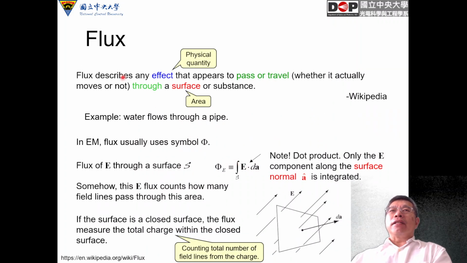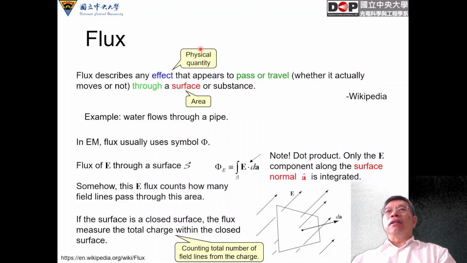Okay. Flux. Flux comes up in several places in physics. Flux describes any effect that appears to pass or travel through a surface or substance. So whether it actually moves or not, it just goes through. That's it.